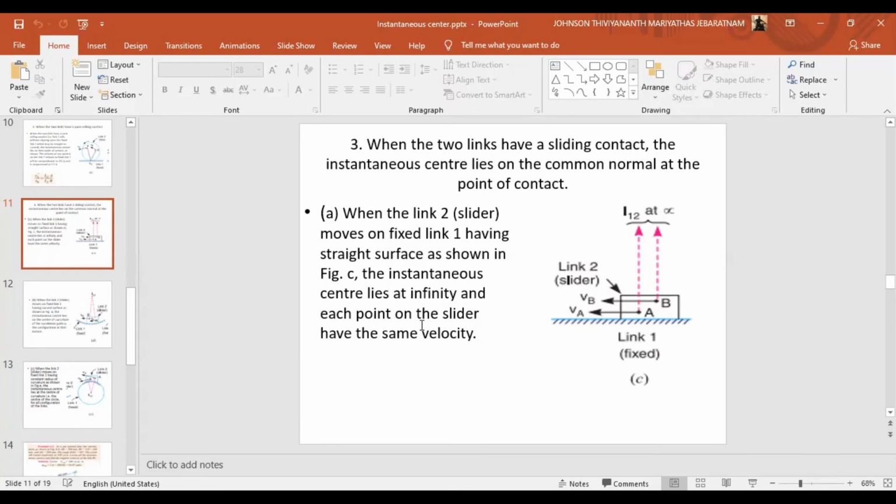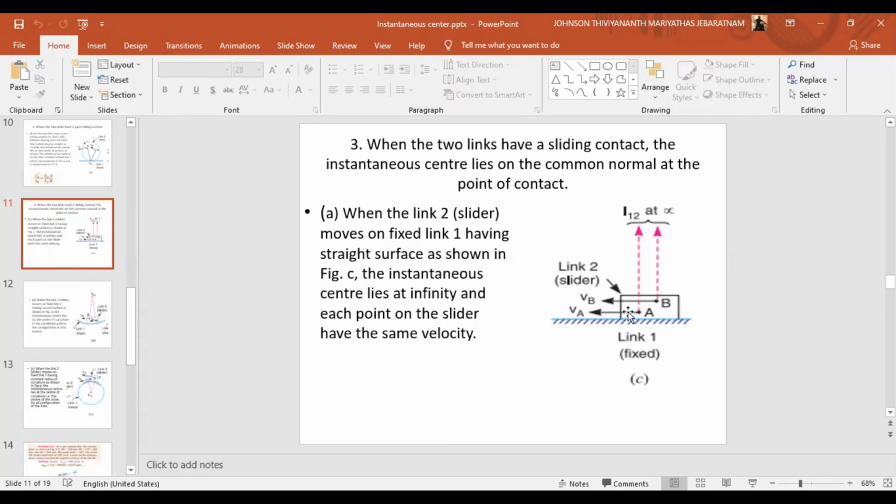So when the link 2, the slider, moves on fixed link 1, having a straight surface as shown in this figure, this is a straight surface, the instantaneous center lies at infinity, and each point on the slider has the same velocity.